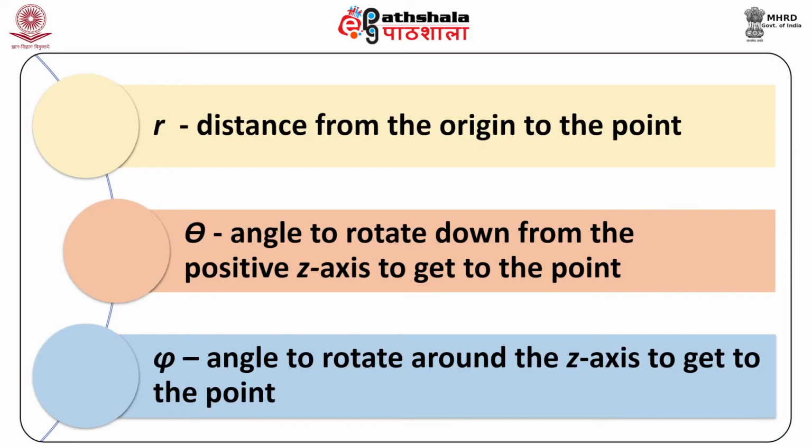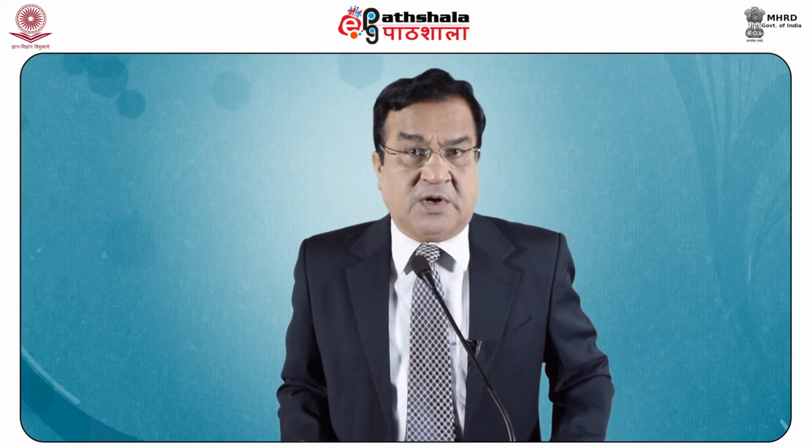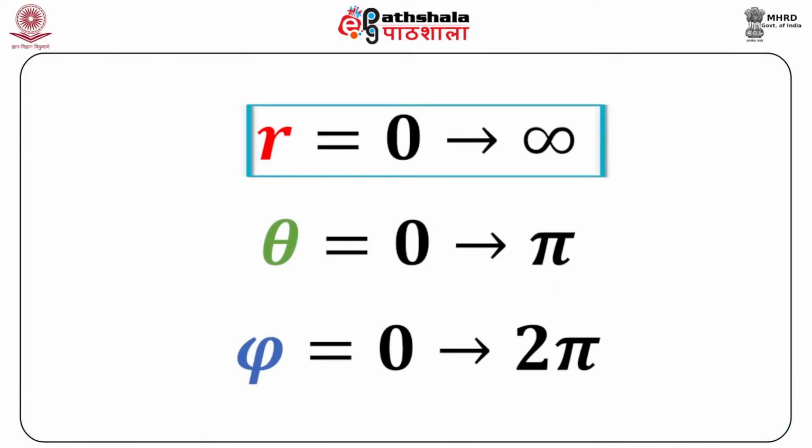In all of these, r is the distance from the origin to the point, theta is the angle that we need to rotate down from the positive z axis to get to the point, and phi is how much we need to rotate around the z axis to get to that point. So from here you can also notice that r can vary in principle from 0 to infinity. So that becomes the limits of r.